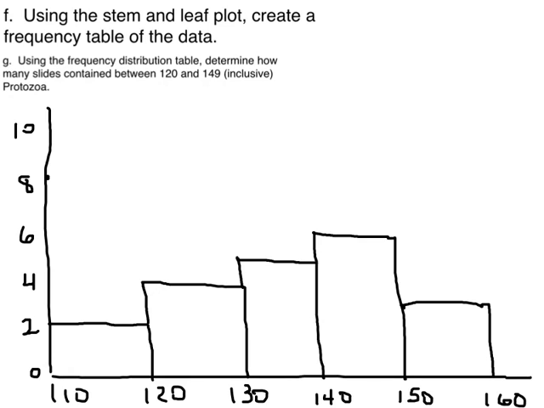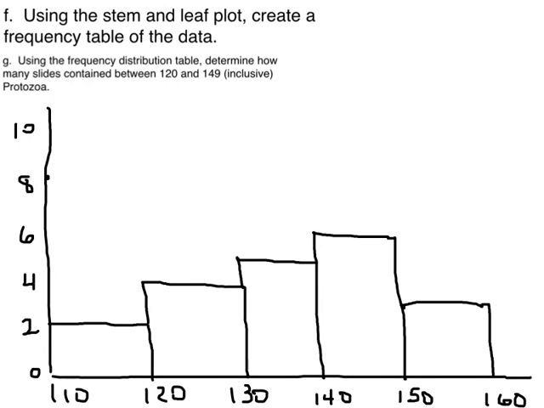Okay, so here I have written my histogram frequency table, and the left side here stands for the number of slides, and across the bottom is how many protozoa on each slide.